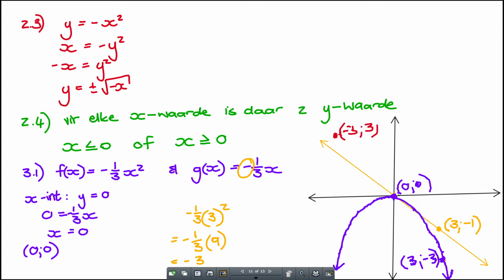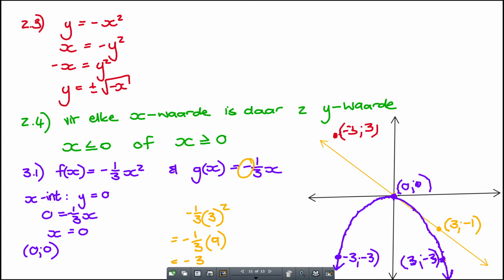Okay, now, I know it's going to go like that, but just to make sure, you could also get a point over here. Onthou, wat gaan daai koördinaat wees? My x-waarde gaan verskil. Hy gaan nou wees minus 3. Maar my y-waarde gaan nog steeds wees minus 3.